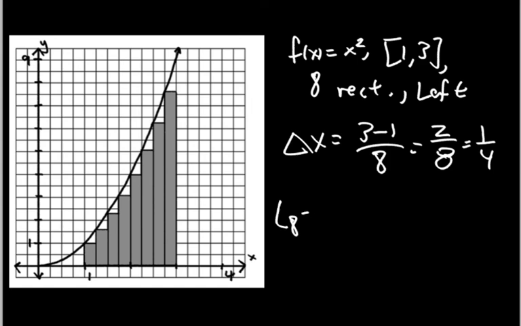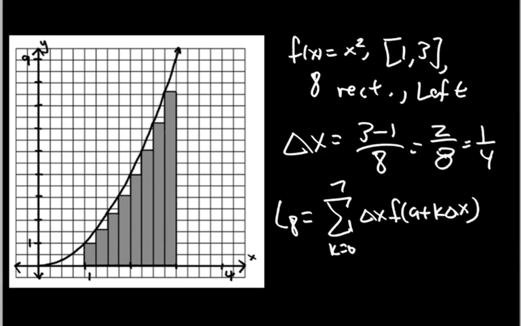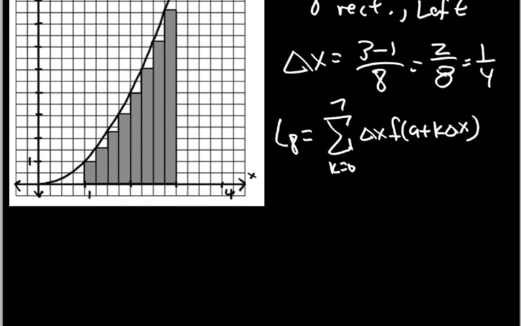Alright, L sub 8, that would just be then summation k equals 0 to 7 of, I'm just going to write delta x and then f of a plus k delta x first. That'll just make it a little bit easier to do and to remember that.